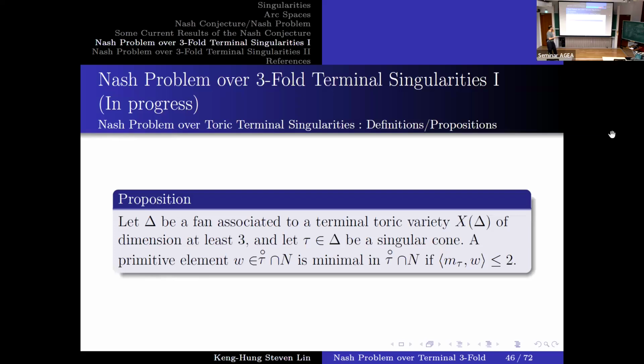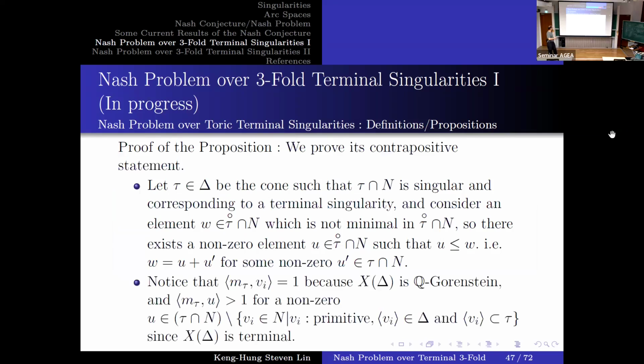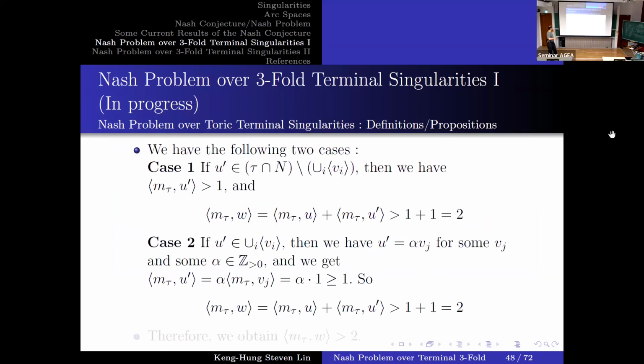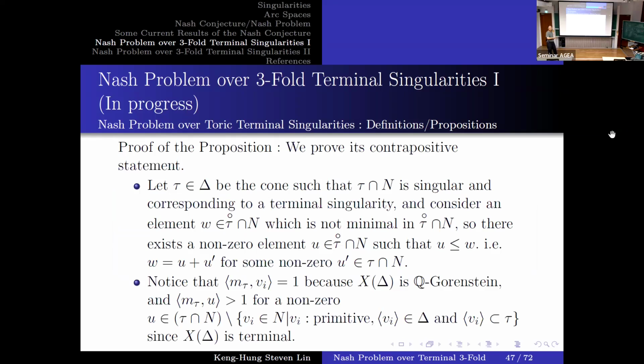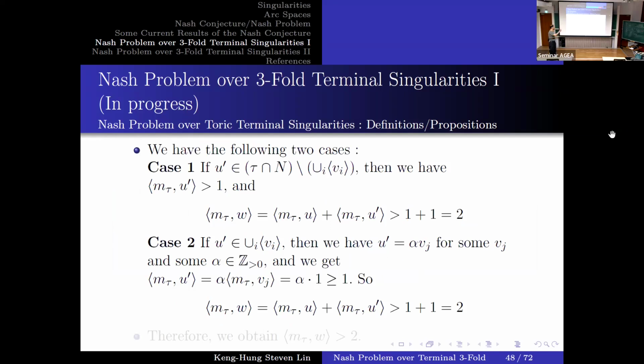I proved that if a primitive vector is minimal in the interior of the singular cone, then the inner product is less or equal to 2. This is just linear algebra computation: you take inner products, then plug them in to estimate the lower bound of such inner product. And finally we get the desired statement.